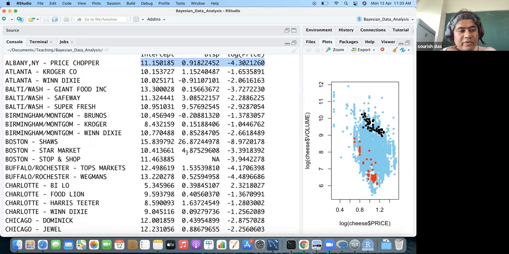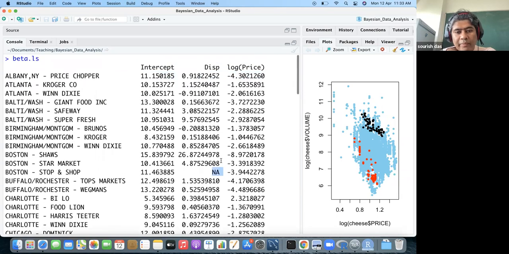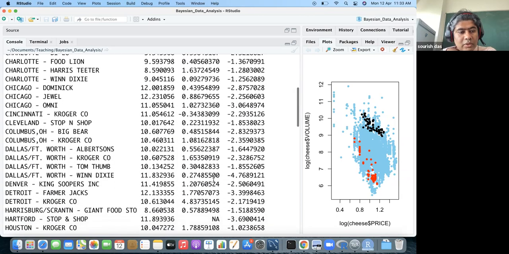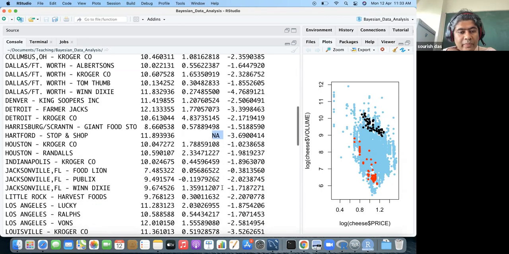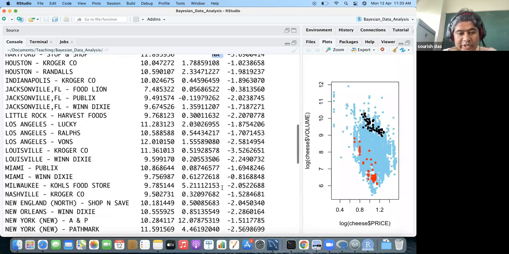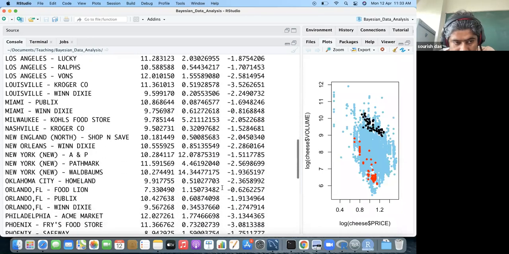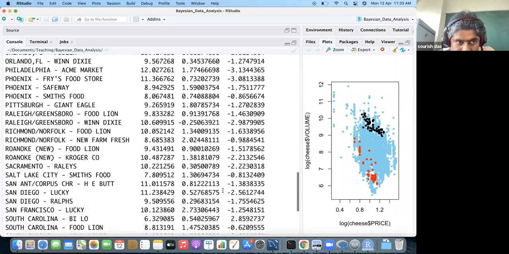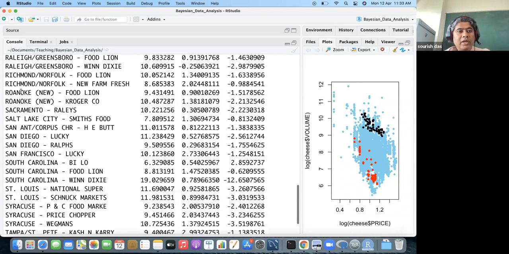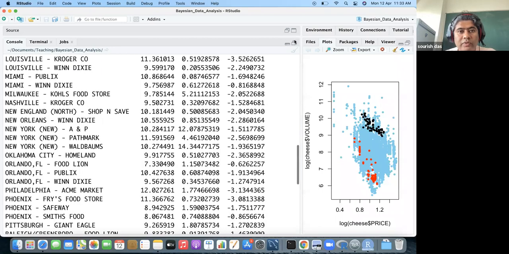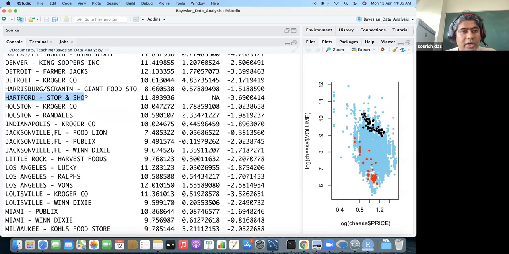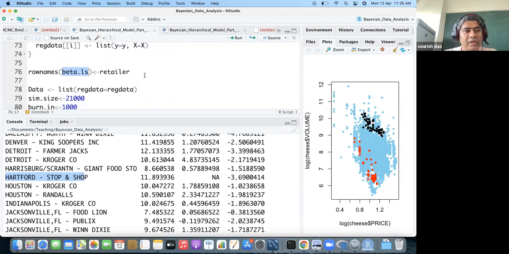But the problem is for Boston Stop and Shop, we got NA for display activity. Not only that, Hartford Stop and Shop also has NA for display activity. There must be some issues. We'll check it out. So how can we solve this? Let us check why this is happening.